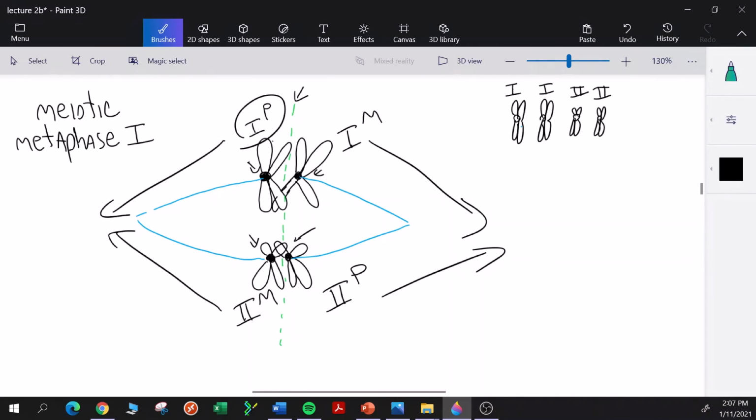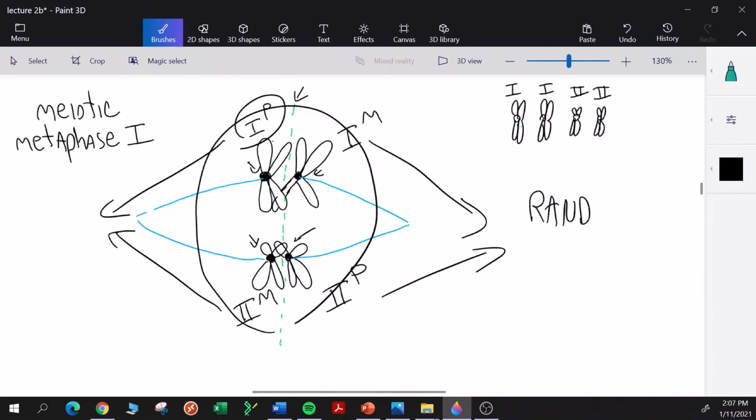So the way the tetrads align and the orientation they adopt on the metaphase plate relative to one another is completely random. Whether 1P is found on the same side as 2P or 2M is completely random.